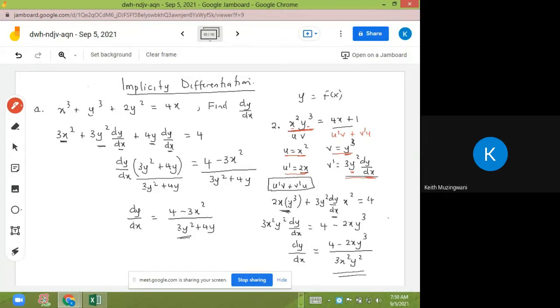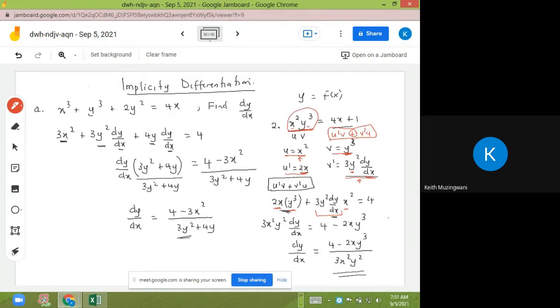Now we collect them to form this derivative here. u prime is 2x, so we have 2x multiplied by v. v is y to the power 3, so we have y to the power 3 plus, which is this plus here, v prime, multiplied by u. u is x squared, so we have x squared is equal to, we are done differentiating the left hand side.